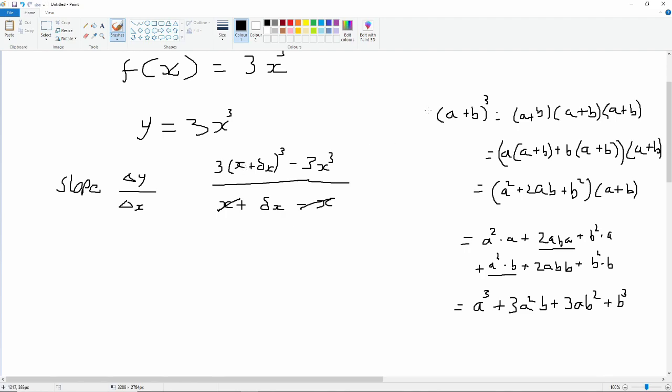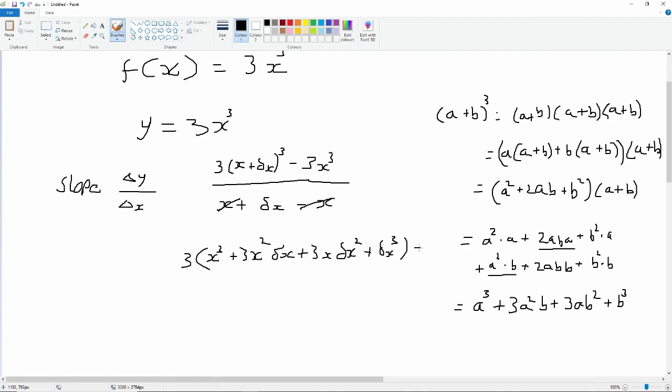And so now if we change a for x and b for delta x, we have our term here is 3 into x plus delta x cubed. So whenever we see a, we say x, and whenever we see b, we say delta x. So this is x cubed plus 3x squared delta x plus 3x delta x squared plus delta x cubed.